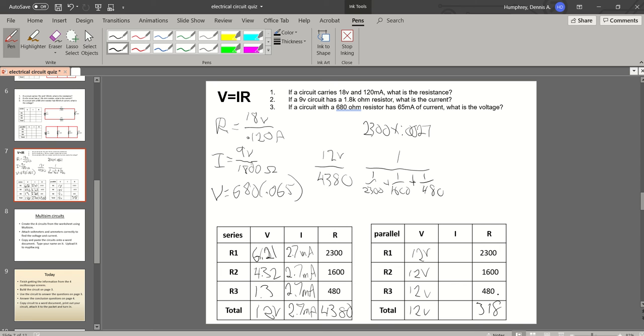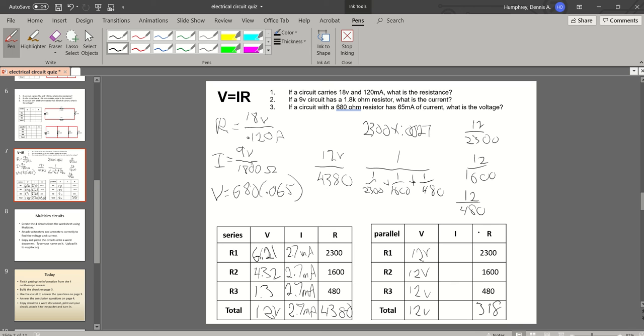That makes sense. It's less than the smallest one, so that's okay. For these, again, it is going to be V over R. So I have 12 over 2300, 12 over 1600, and 12 over 480 to get my currents in here.